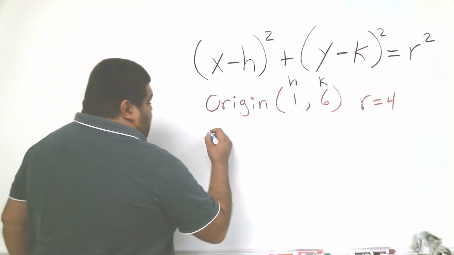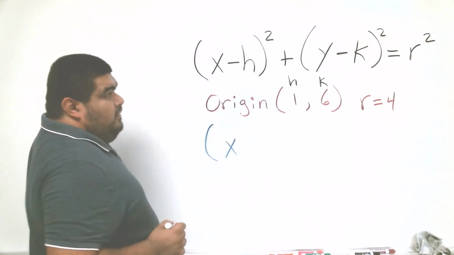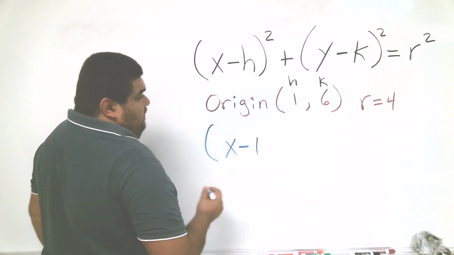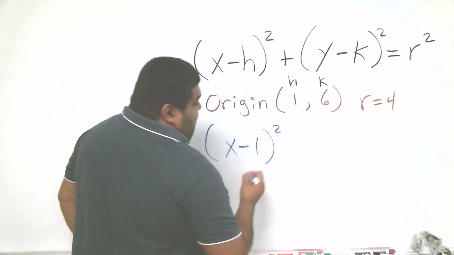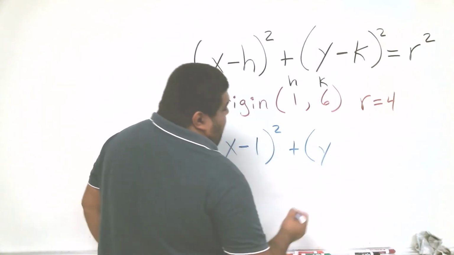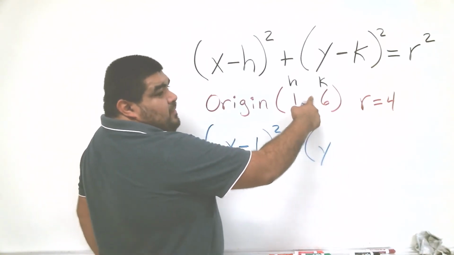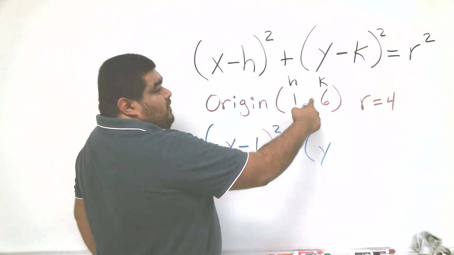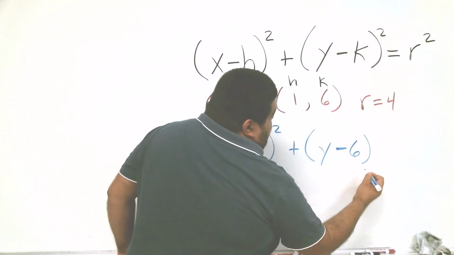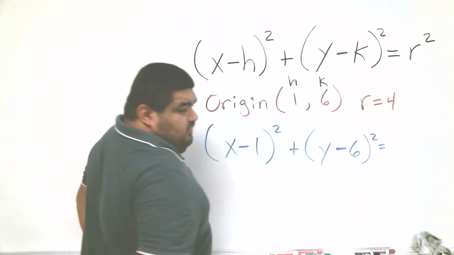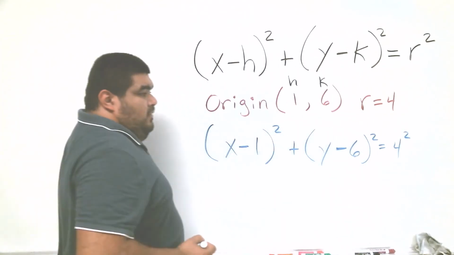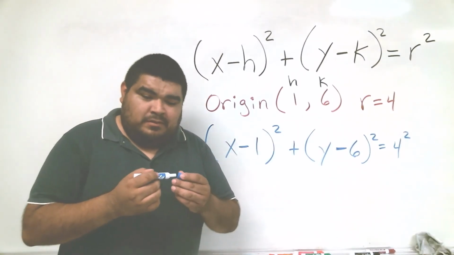So we have parentheses, X minus, because it's positive, so just minus 1, close parentheses, square, plus another set of parentheses, Y. Notice that this time it's positive here, so it stays with the negative from the equation. Minus 6 square equals, and then our radius is 4 square. And we're done. All right.